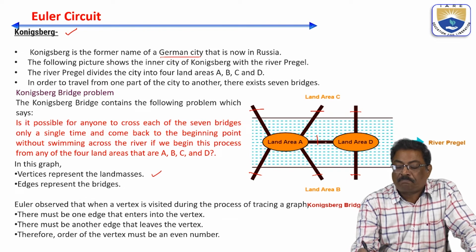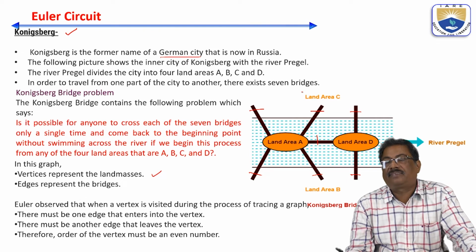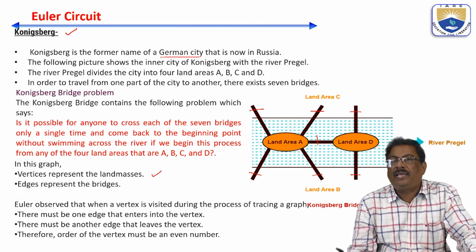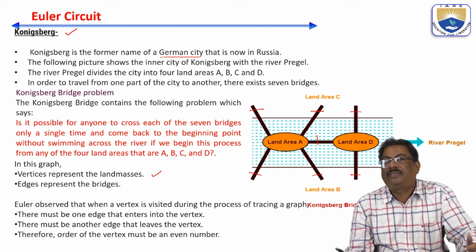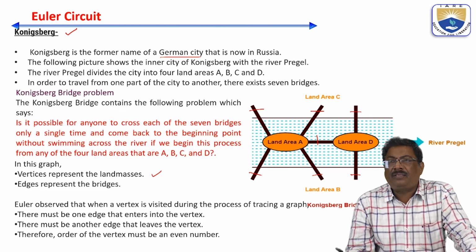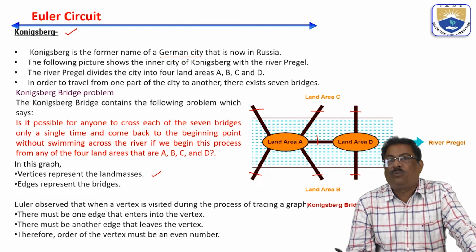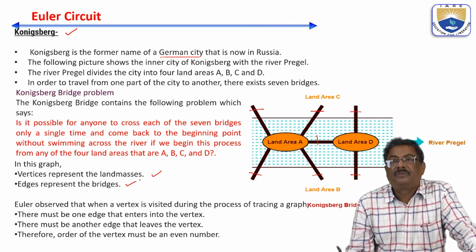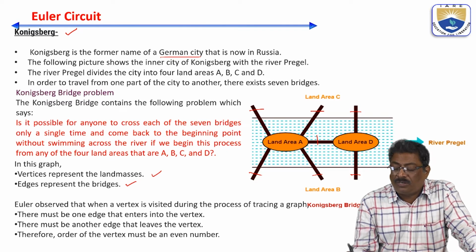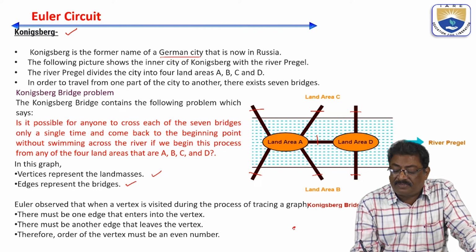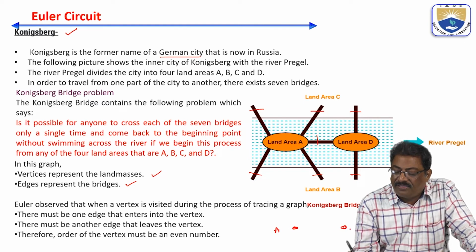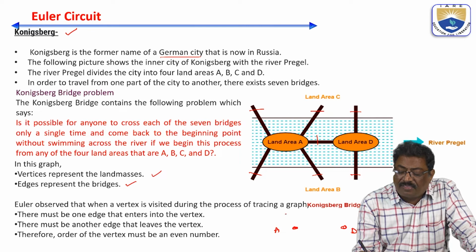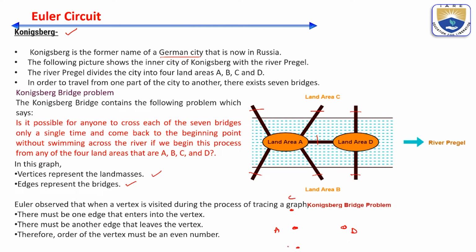There are 4 land areas, so the land areas are the vertices, and the bridges we are considering as edges. So this is A and this is D, and the next one is C, another landmark, and another landmark is B.